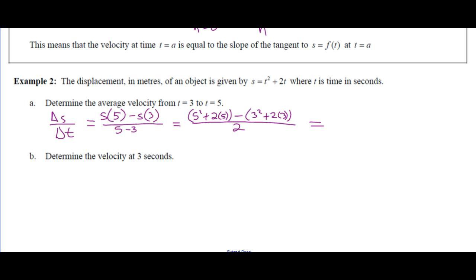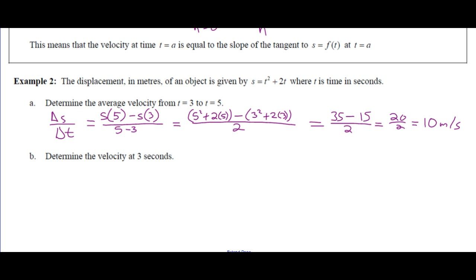So what do we got? 25 and 10 is going to be 35. So 35 minus, and we've got 9 plus 6, 15, over 2. 20 over 2, or 10 meters per second. So that's our average velocity.